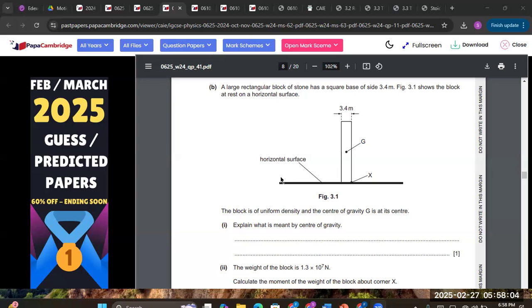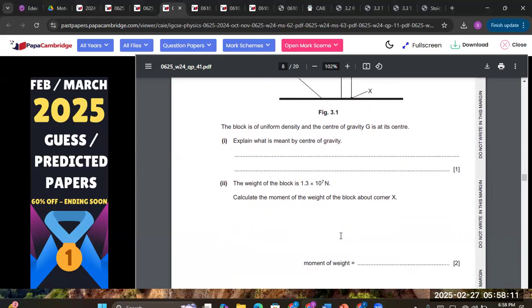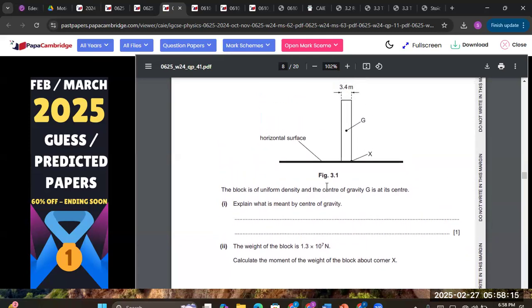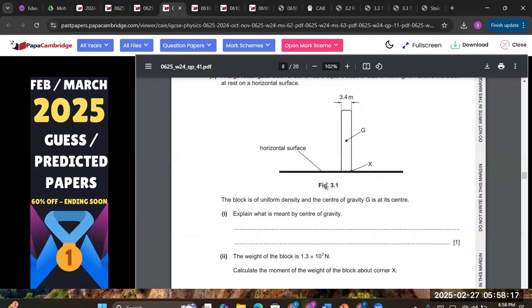The center of gravity is the point on which the weight of a body acts. Correct. The weight of the block is this much. Calculate the moment of the weight of the block around corner X.